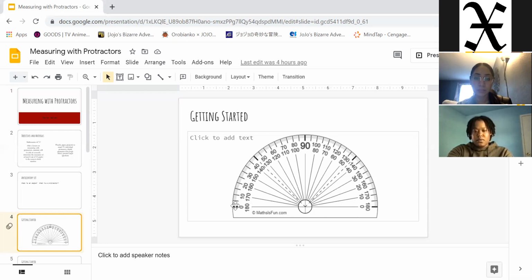So if you look on this side too, you can see another zero. And I bet y'all are wondering why there's two different number lines on this protractor going in two different ways. Well, that's because angles can face two different directions, right? So we're going to get into that too.